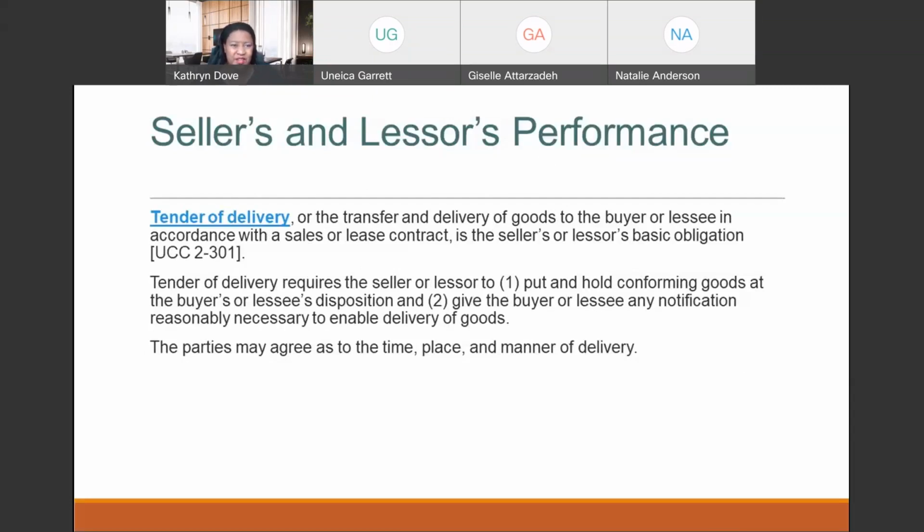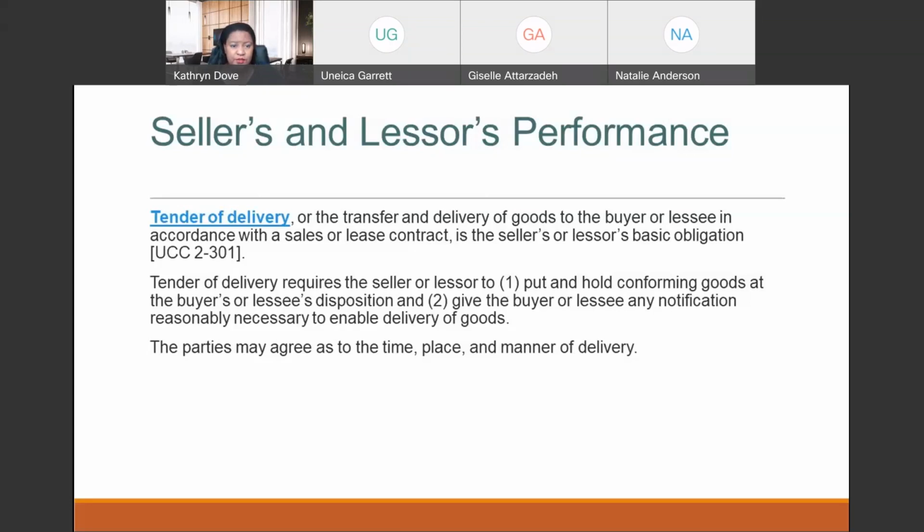So let's say that your client is a business that constructs houses, and your client has purchased 1,000 nails from a particular seller. The seller's obligation is to deliver those goods to the buyer in accordance with the contract. That's the seller's obligation.